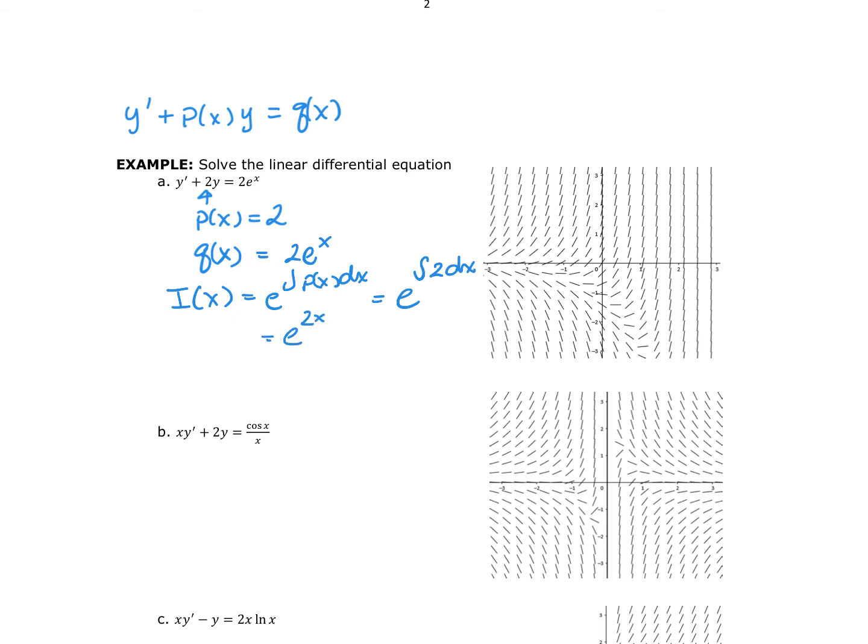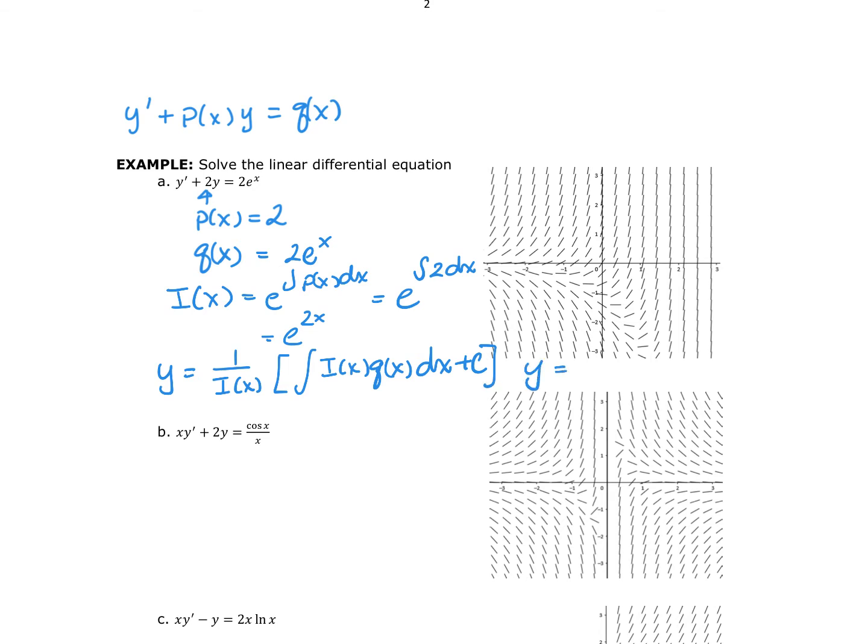So now I've found my integrating factor. I also know that my general solution must satisfy y is equal to 1 over my integrating factor multiplied by the integration of my integrating factor times q of x dx plus c.